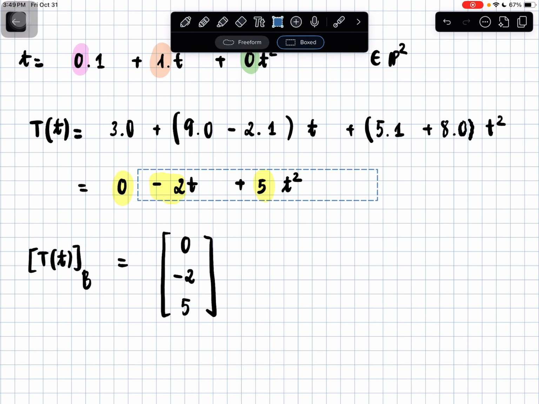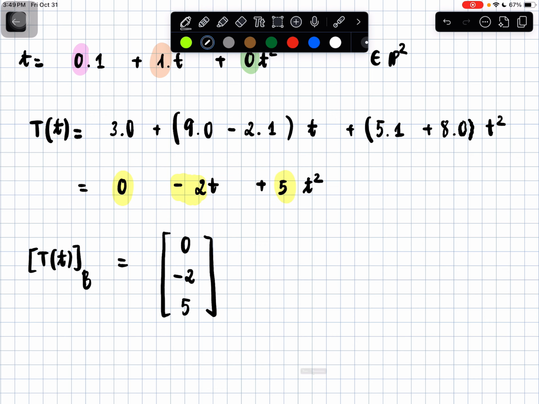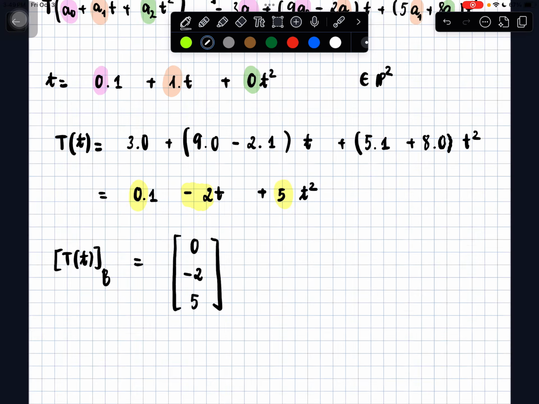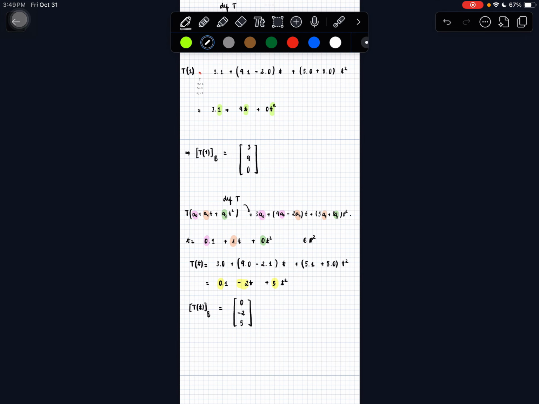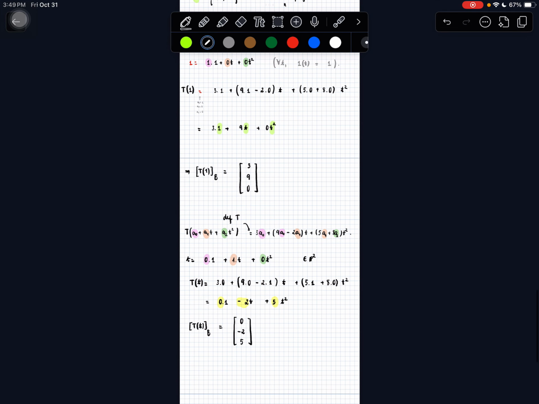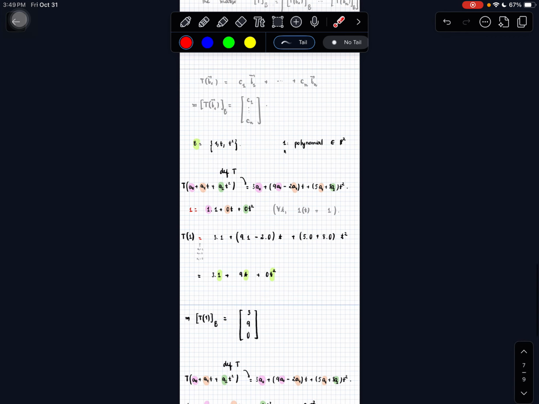The first 0 is just 0 times the first vector in the basis, which is 1. We have done the image of 1, computed the coordinate, the image of t, computed the coordinate. The last vector in the basis is t squared, so we need the image of t squared.